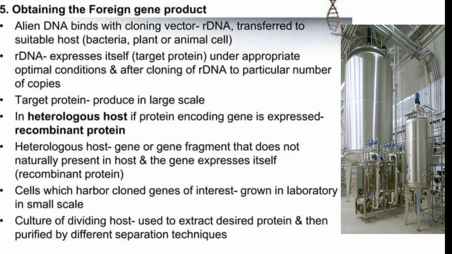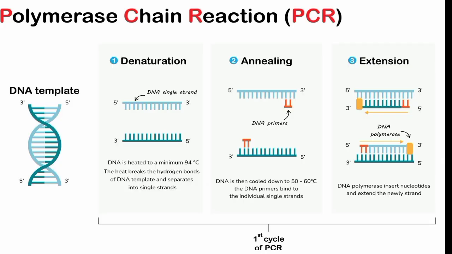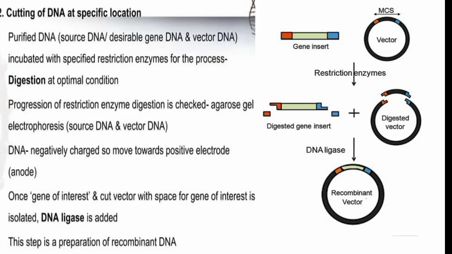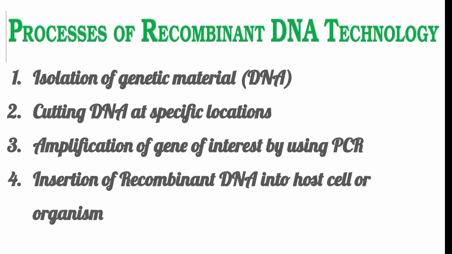So presently these are the five different steps that we have. Just to put forward once more, we have talked about isolation of genetic material, then cutting at specific sites, selecting the recombinants, then amplifying with PCR, and then insertion of recombinant DNA into the host cell or organism, then taking up the final product.